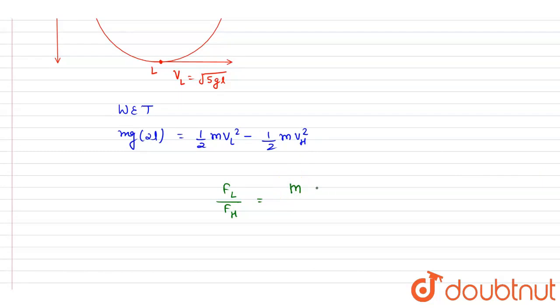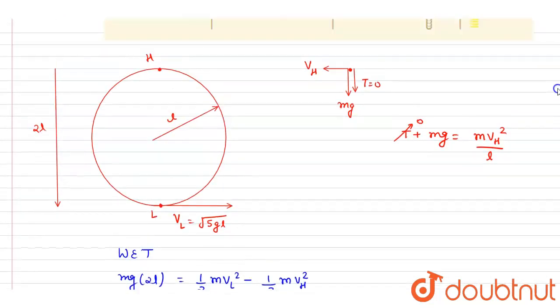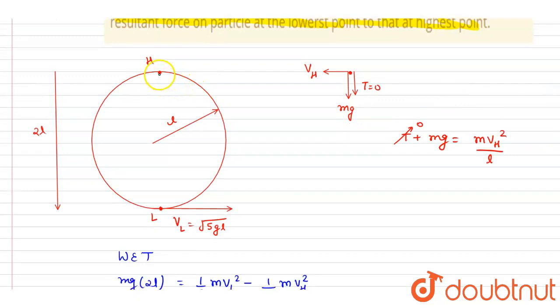So if I talk about the acceleration at the lowest and at the highest position, there is no component of g along the velocity. g is downward and the velocity is horizontal. So if there is no component of g along the velocity, right, we know that the tangential force is along the velocity, which is not in these two positions.